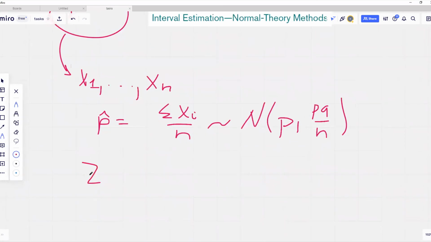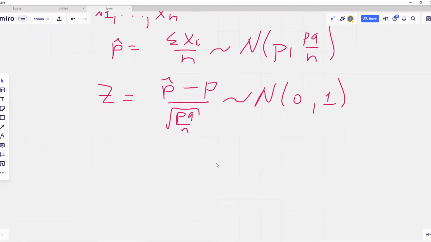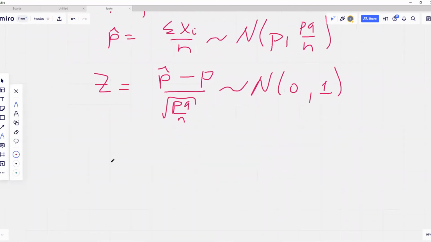Now, if we standardize p hat, we subtract the mean and divide by the standard deviation, then this random variable is a standard normal random variable with mean of 0 and variance of 1. Then we can finally build our confidence interval.